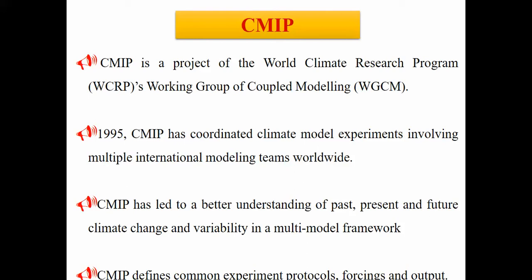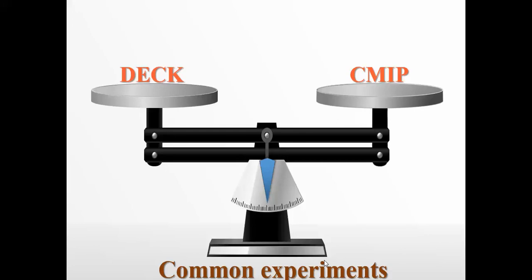CMIP defines common experiment protocols, forcing and outputs. In this regard, CMIP and also DECK try to simulate common experiments for human beings living under different criteria for better projection.